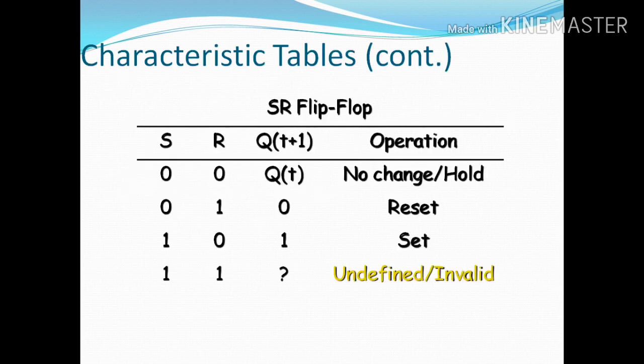This is the SR flip-flop. When S is 0, I repeat it once again to show you the characteristics table. When S and R are both 1, it gives you an undetermined, undefined and invalid operation. Hold, reset and set values will come.